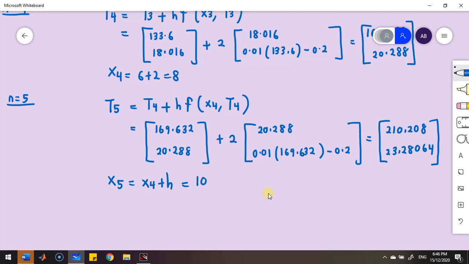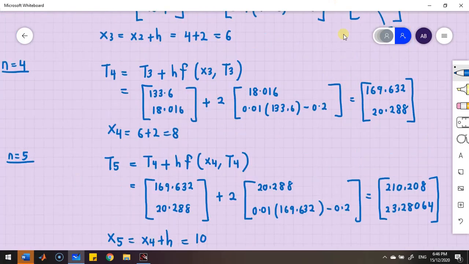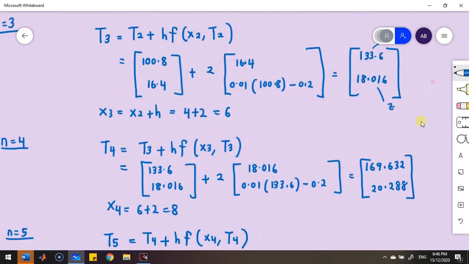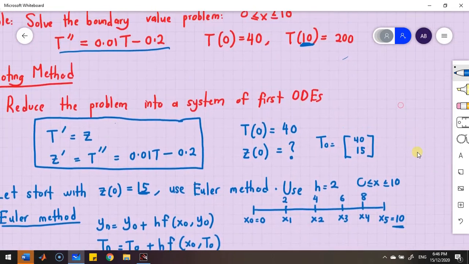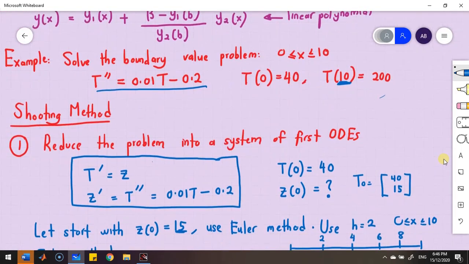Okay, so what we obtain here, the question is given, if you remember, or I can show you, I gotta go all the way up. The boundary condition that was given earlier on for the question is T10 equals 200.